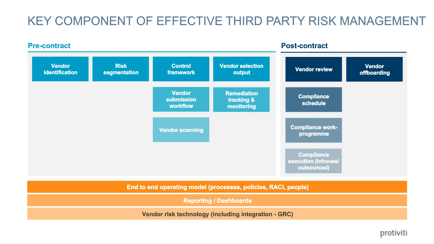I then just wanted to move on to vendor offboarding. This is an area which I think many organizations are less mature on. This is thinking about the risks that exist as you exit certain third parties. I think GDPR has brought this to light a lot more.